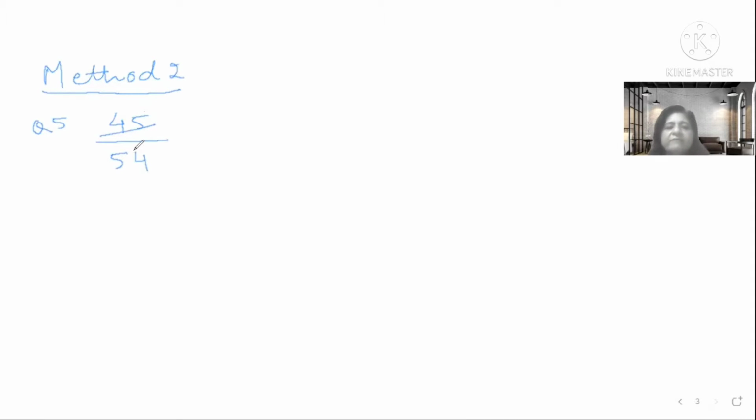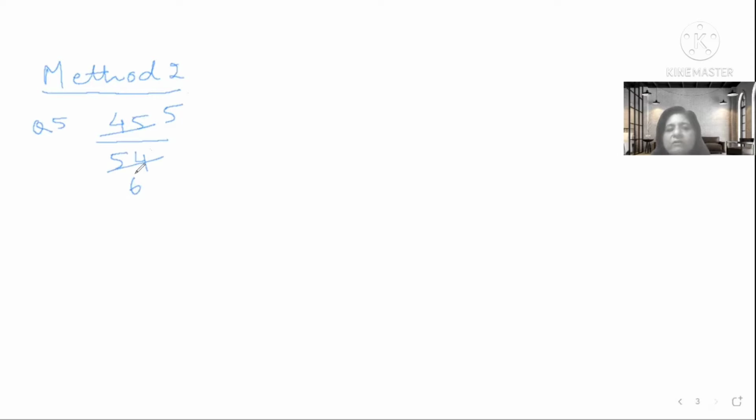So what is the common factor here? If we go on dividing this, what is the highest common factor between 45 and 54? That is 9. So 5 nines are 45. So here we write the quotient 5. And we divide 54 by 9.